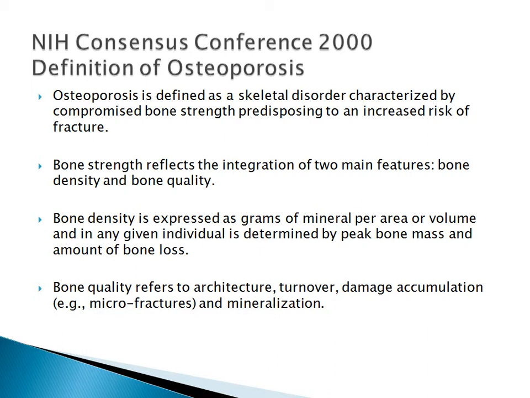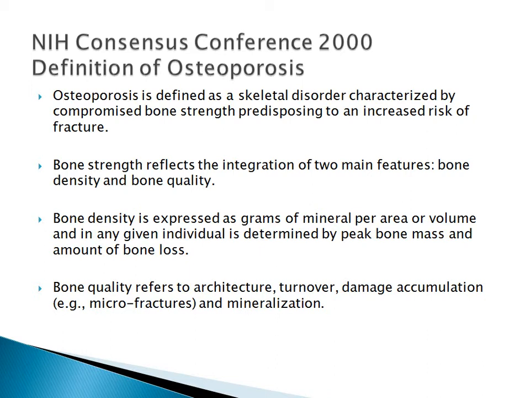So when you're assessing someone for osteoporosis, you have to think about the DXA report, which is about 70% of the strength, but also there's the issue of bone quality. You can have a normal bone density, but if your bone quality is diminished and that reduces your bone strength, you can technically have osteoporosis.